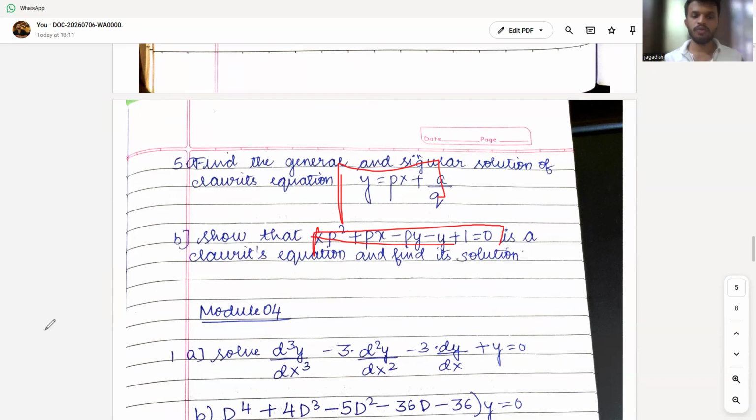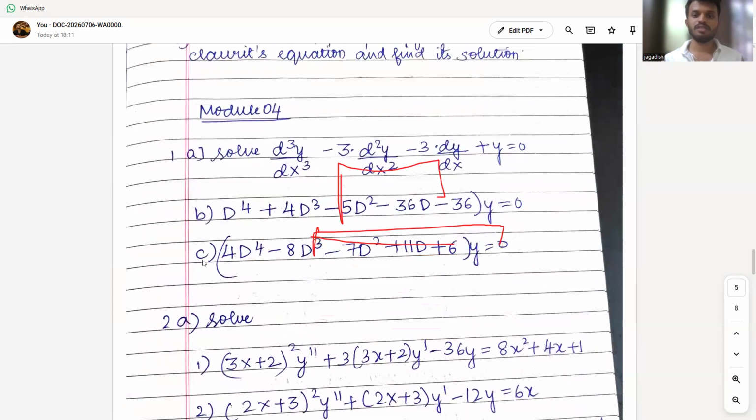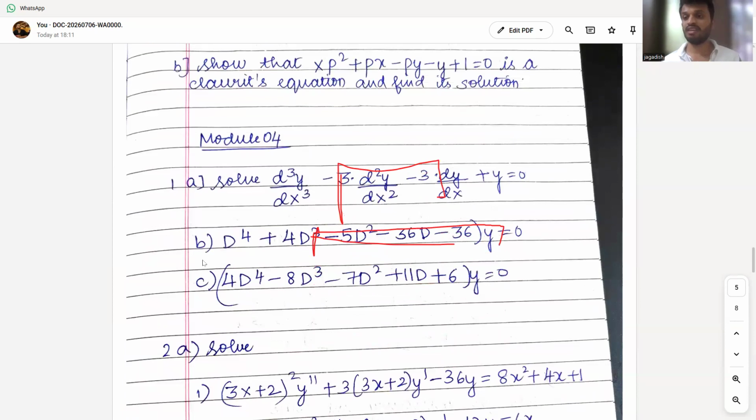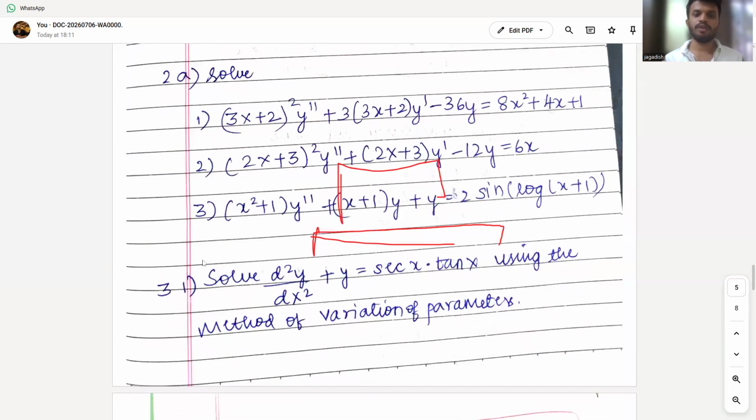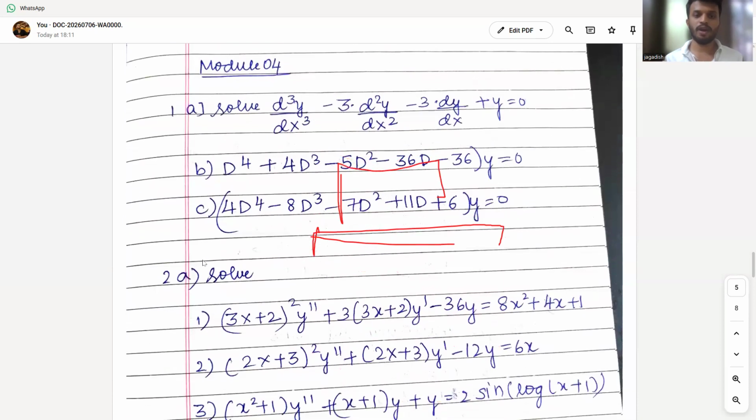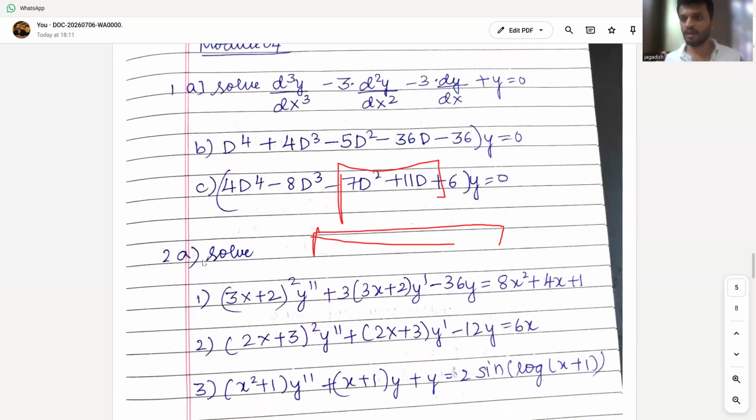So in module 4, this is also differential equations, but here it will be homogeneous and non-homogeneous. Based on that, these are the questions which are very much important. It is a method of variation of parameters. So more higher order differential equations you will be getting over here: D to the power of 4, d4 by dx to the power of 4, and D to the power of 3, d cubed by dx cubed.